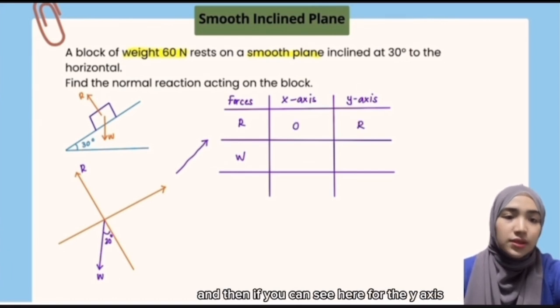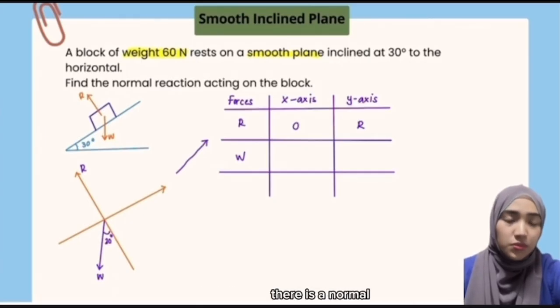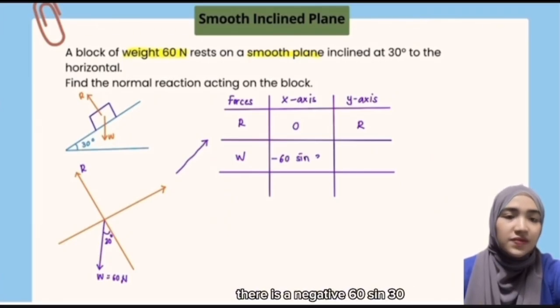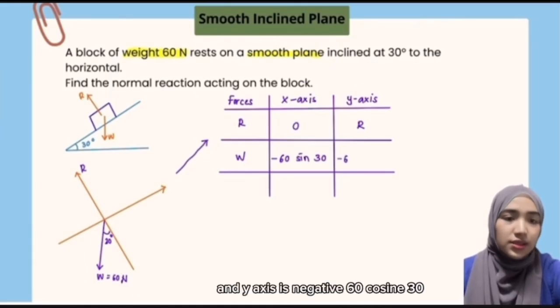If you can see here, for the weight W, the x-axis component is negative 60 sine 30, and the y-axis component is negative 60 cosine 30.